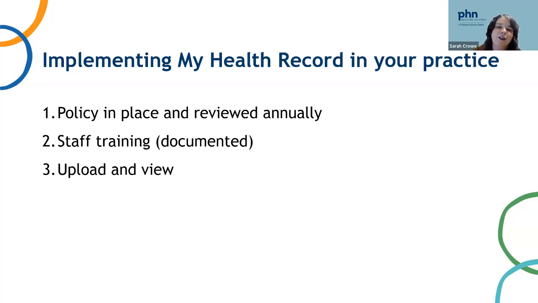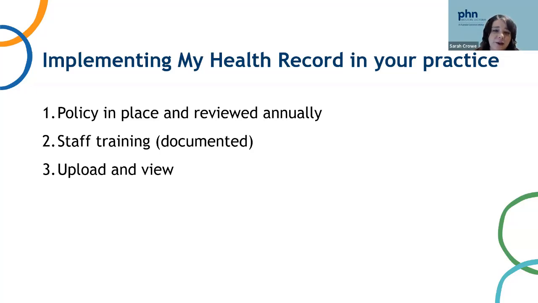Now, in that policy, it's going to talk about staff training. So your staff need to access appropriate training and you need to record that. Usually you have a training register for accreditation anyway. And in terms of accessing that training, I'm going to share some information about some e-learning modules that I promise are quick and easy and very detailed. You can pick what software you use and it provides you with that training.